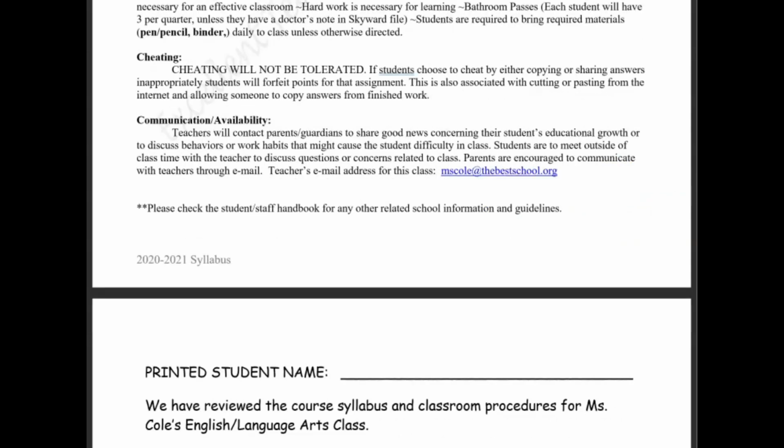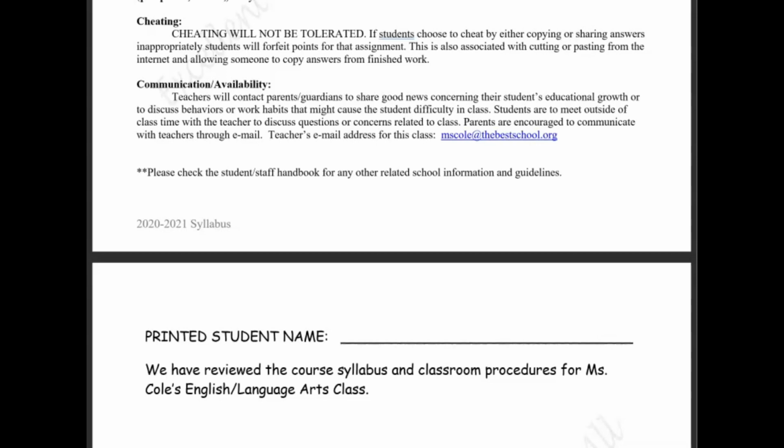And I also wanted them to review the student handbook, more of the school guidelines and the rules, just information for parents that they needed to know. And I wanted them to know that they have that option to look at that as well.